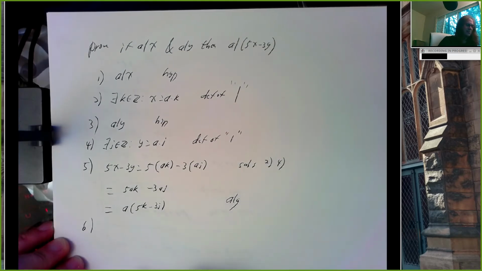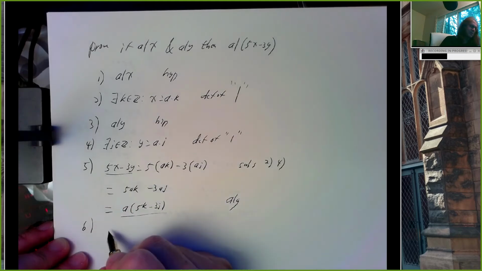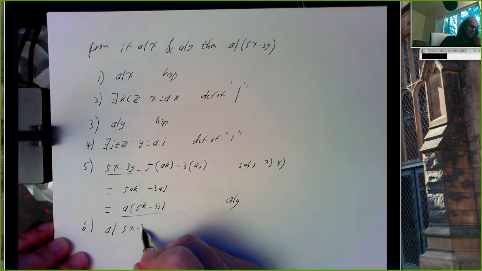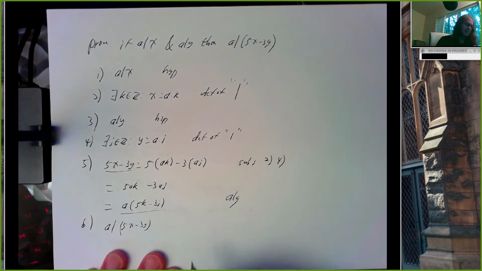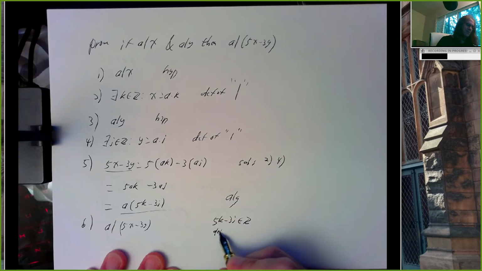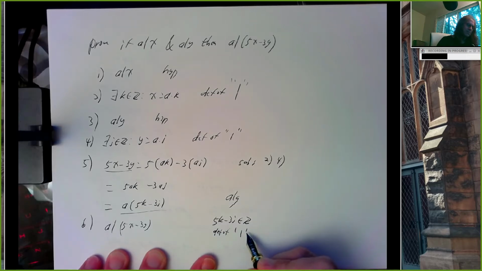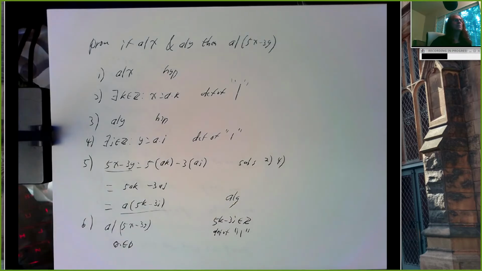And then I'll say, because 5x minus 3y is equal to this, a divides 5x minus 3y. And that's because 5k minus 3j is an integer, and the definition of divides. And that's what we're trying to show.